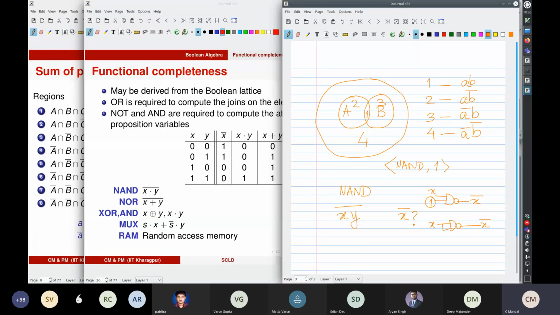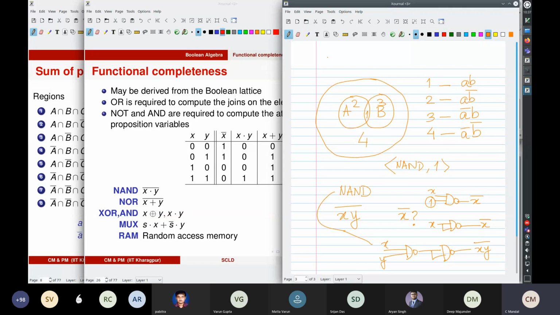Using NAND you can compute AND. If you want to compute x and y, one way is to use a NAND gate, compute NAND and then do this, and this will give you xy.